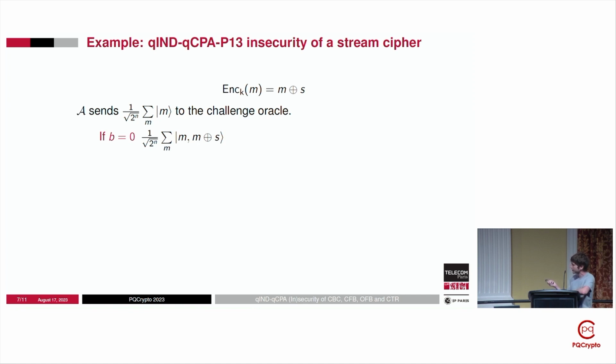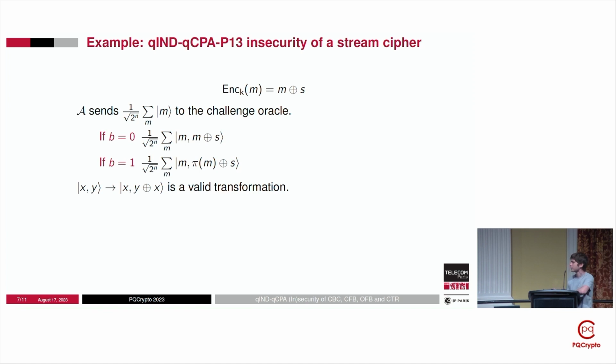So S here is independent of M. If B is equal to 1, however, what will be encrypted is the permutation of M. And so if A wants to win in this security notion, they have to distinguish between these two quantum states. A valid quantum transformation is what we call the CNOT gate, which, given two quantum registers, puts in the second one the XOR between the two.